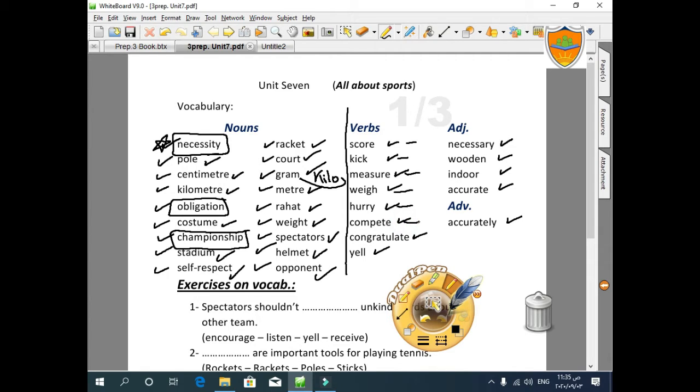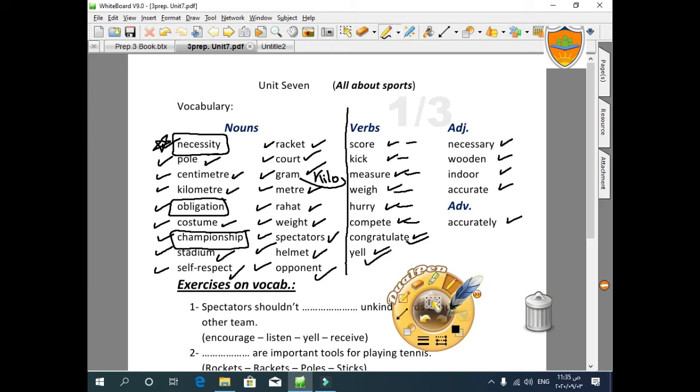Compete, like a race with others to know who comes first in a competition. Congratulate, to say nice words to someone when he wins a match or a competition. The word yell means shout, using very bad words, like insult someone.